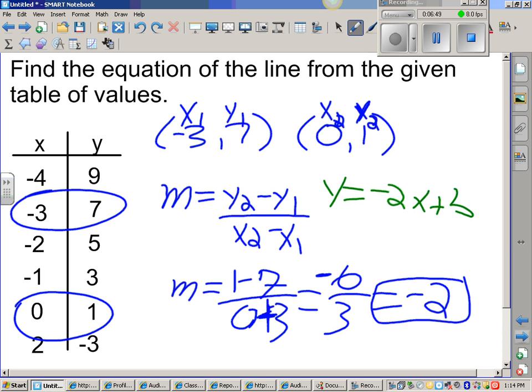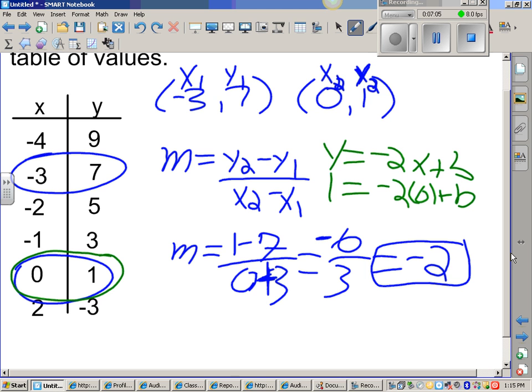Nice. Now you're going to plug in one of your coordinates. They're choosing (0, 1), but you can pick whichever one you want. Now, what's anything times 0? 0. So you get 1 equals 0 plus b, which is just 1 equals b.